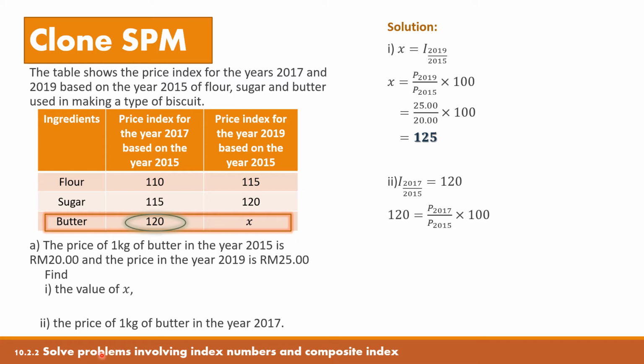As you can see here, the price for the year 2015 is given in the question itself, which is 20 ringgit. So by substituting 20 ringgit into the formula, we will get the price for 2017, which is 120 multiplied by 20 over 100, and we will get the price for 2017 as 24 ringgit.